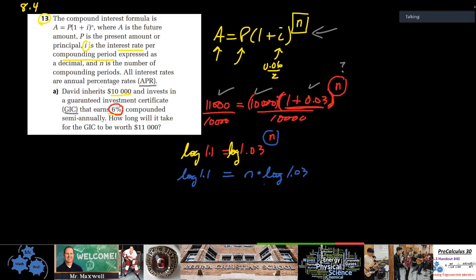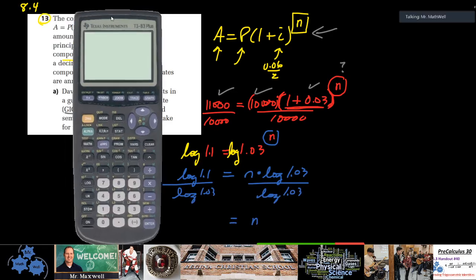So now I can divide by log of 1.03, and now I have n equals this right here. So let's do that on our calculator: log of 1.1 divided by log of 1.03, and that should give us 3.22.